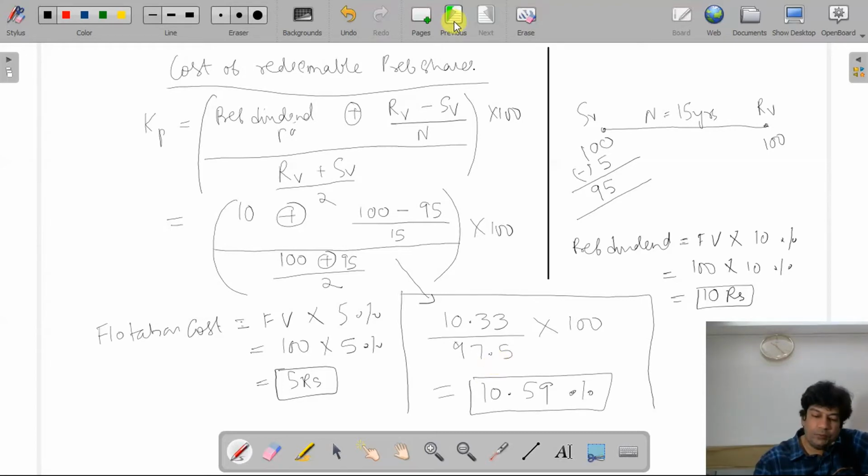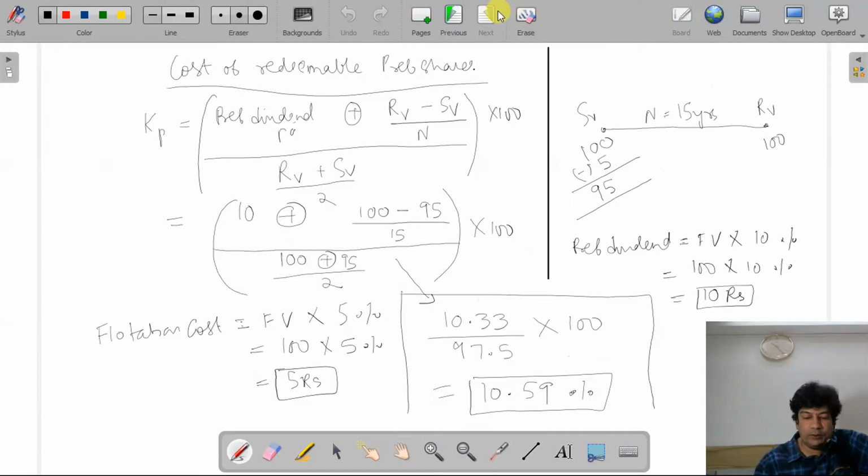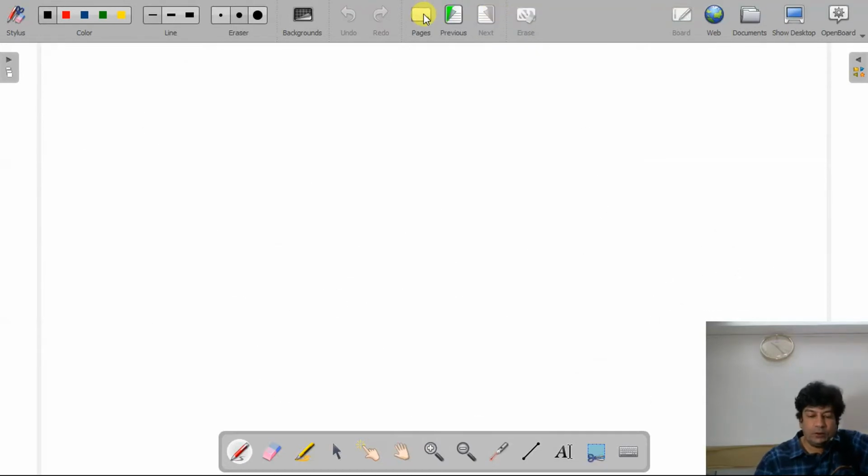So now we are moving further. Now we have to find the cost of the equity capital, that is the equity shares, and you can see there is a growth rate. So now what I'm going to find is the cost of equity, and by the dividend growth model we are going to find it.